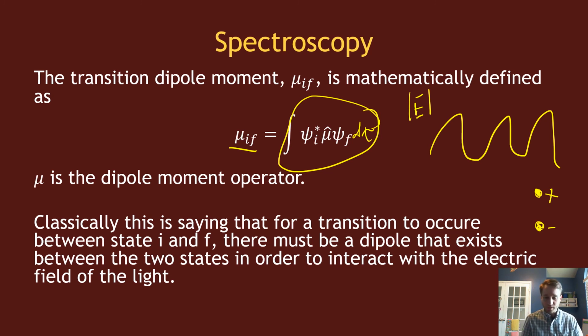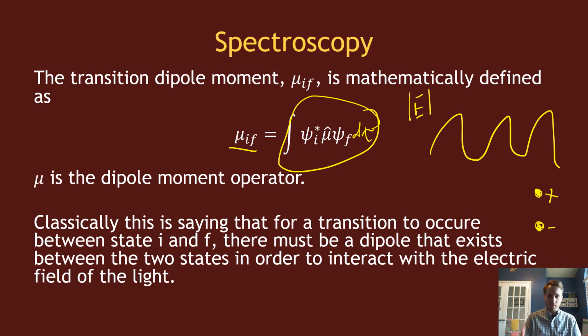So that's what's happening in spectra. When you're probing something with light, this light is this oscillating electric field. That oscillating electric field interacts with your molecule through this transition dipole, and if this transition dipole matches up with this oscillation of this electric field, then it can absorb that light.